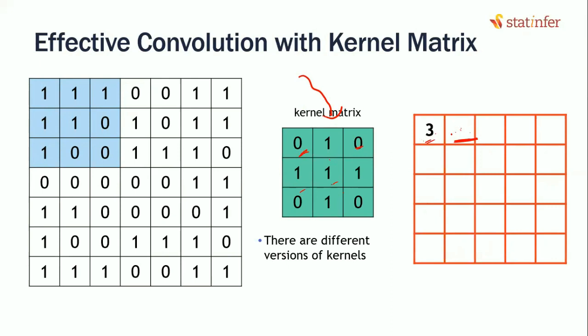Apply the dot product of that filter on this subregion. If you move it, what is the number over here that I'm going to fill? Carefully do the math and tell me. Do the dot product. Check that out. It should be 1 plus 1 plus 1.